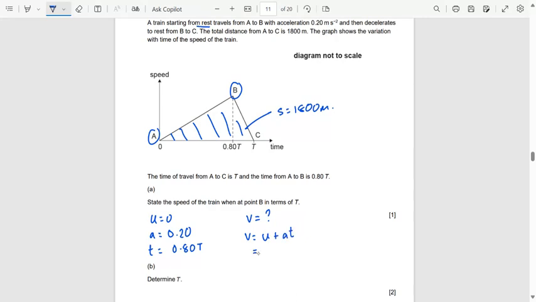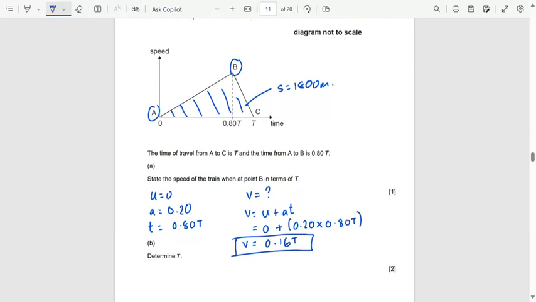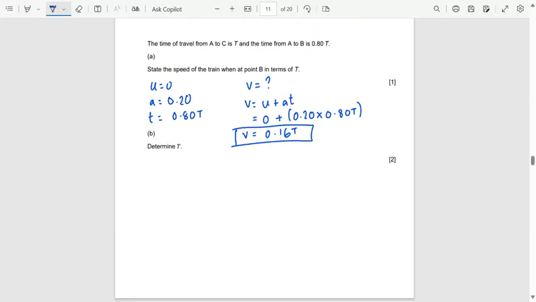I don't need to rearrange because v is already the subject, so I'm going to put u is 0 plus 0.20 multiplied by 0.80t, and if I multiply those together I get 0.16t. So that is the speed of the train at point B.